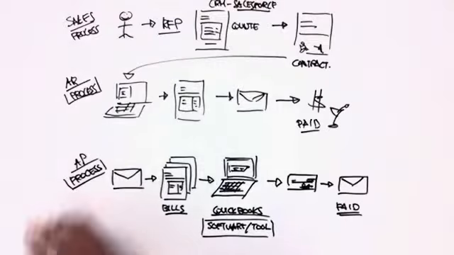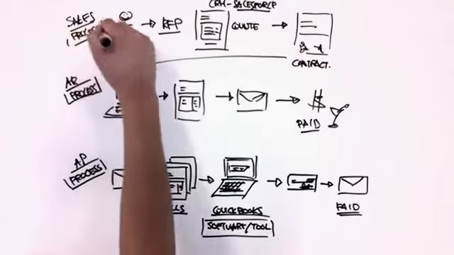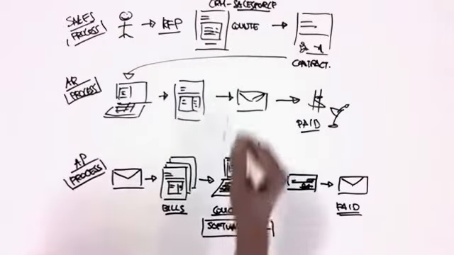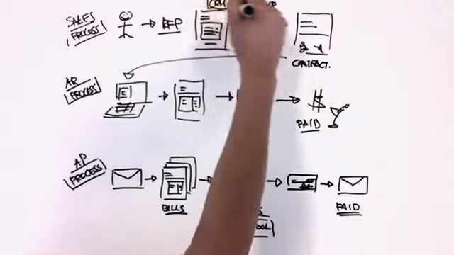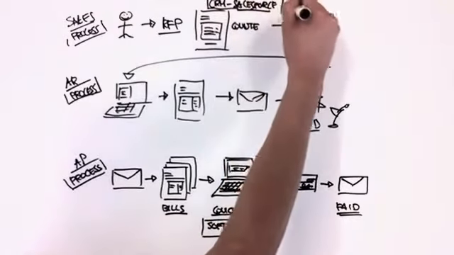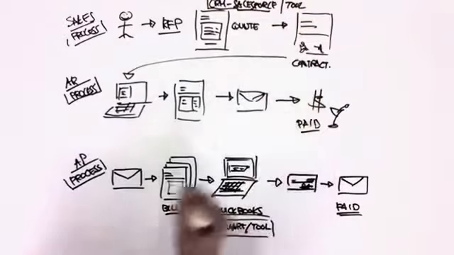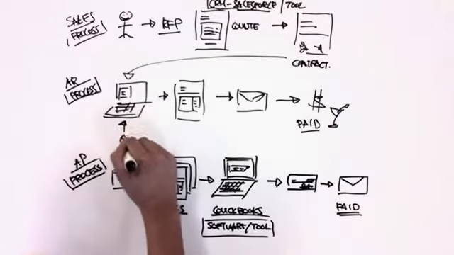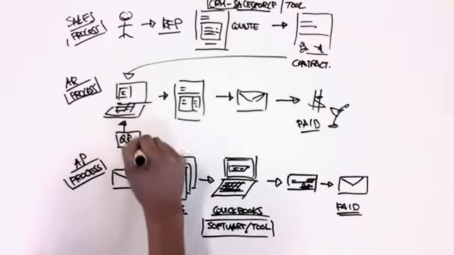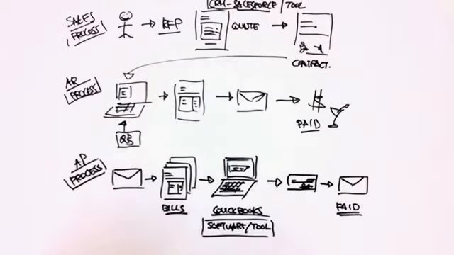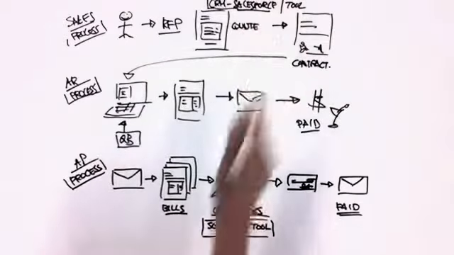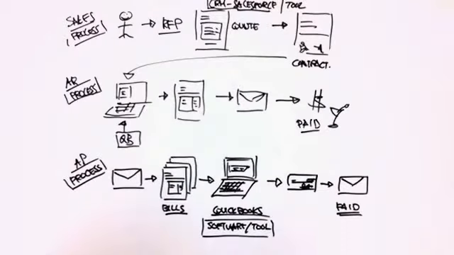So if you look at this, these are really three processes, right? And Salesforce, the CRM, is a tool, as well as QuickBooks over here in the invoice generation, and QuickBooks over here as bills input. And these are tools that we use in our business.